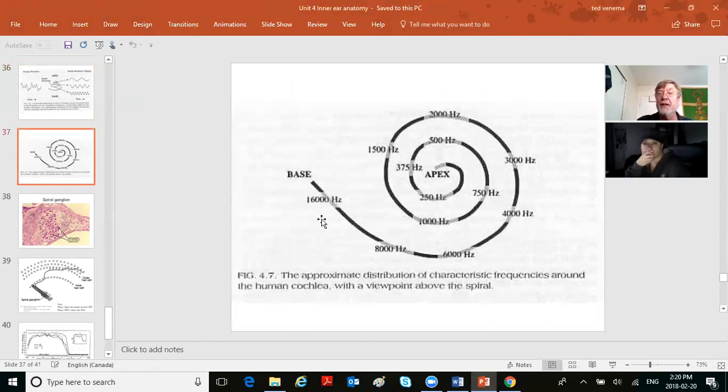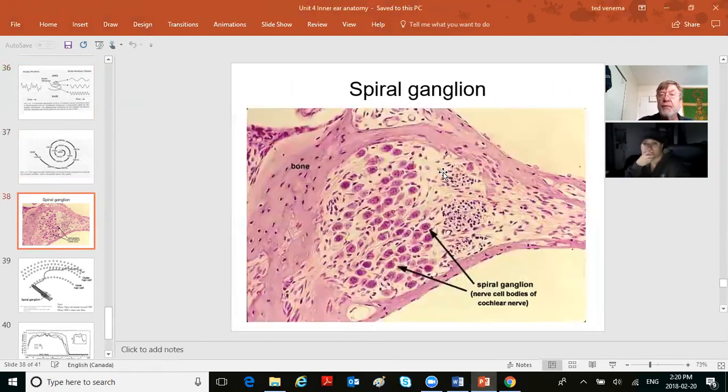Showing you again, high frequencies, lower and lower and lower as you get toward the apex. Here's a spiral ganglion, a real actual spiral ganglion. So this arm here would be going toward the inner hair cells. And here's the eighth nerve fibers, and here's the cell bodies looking at you. And this arm here would continue on toward the brain.